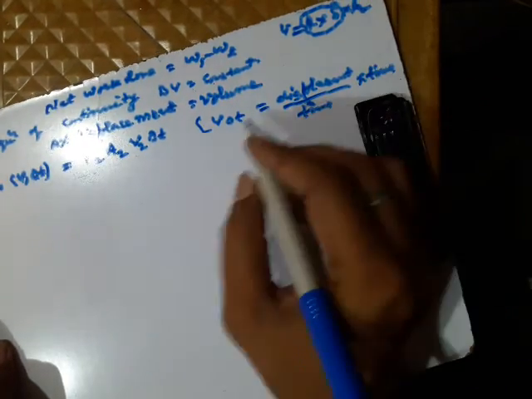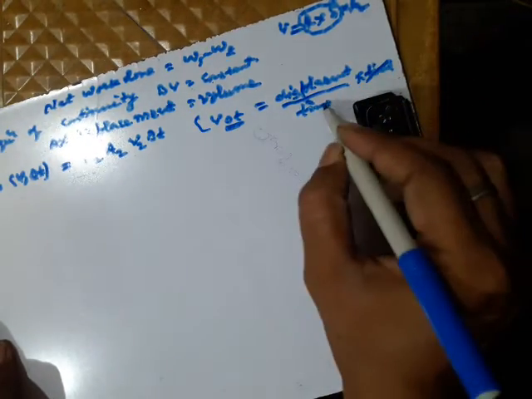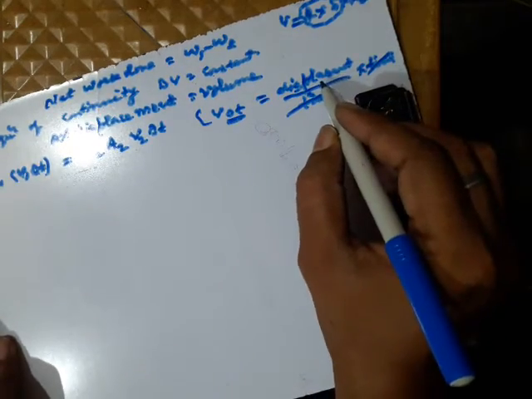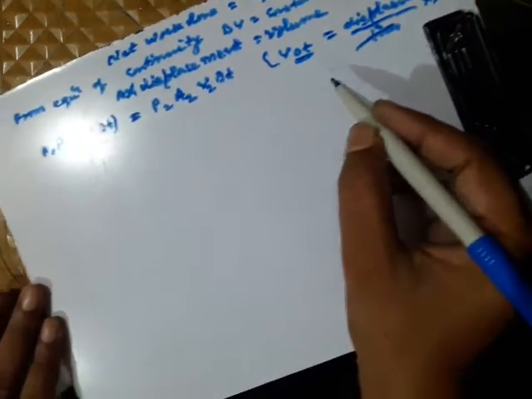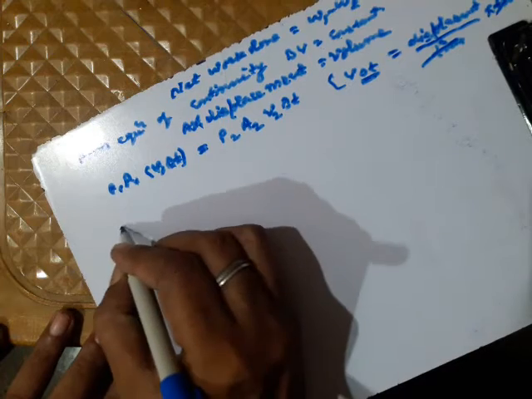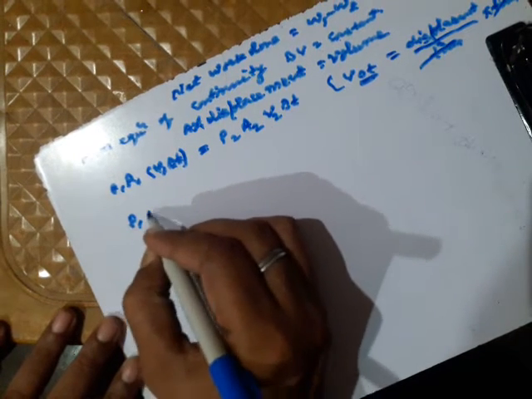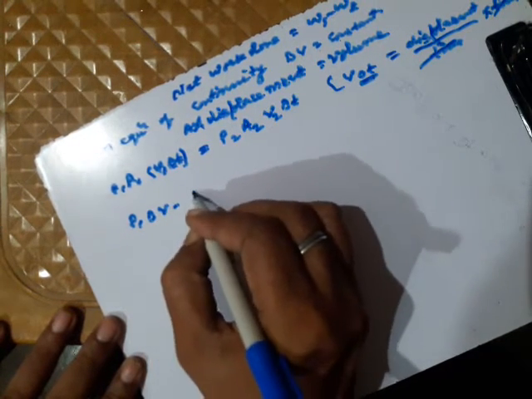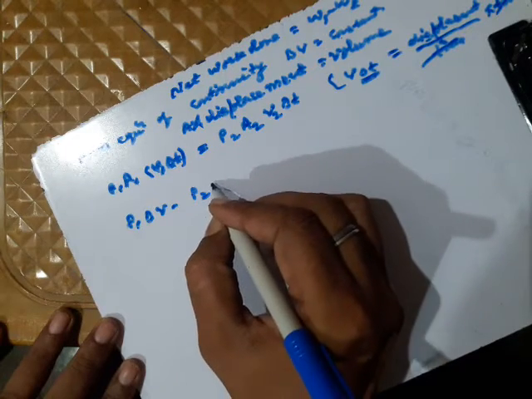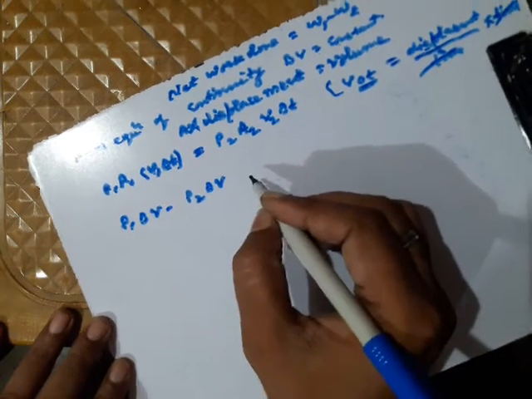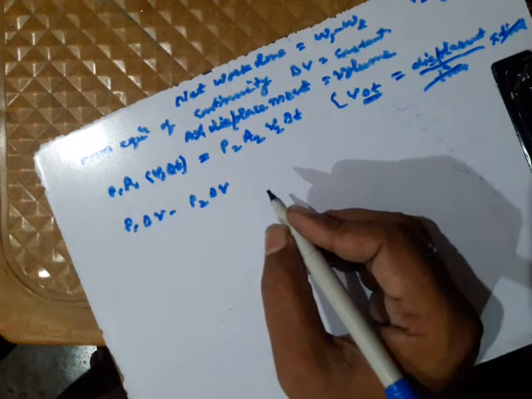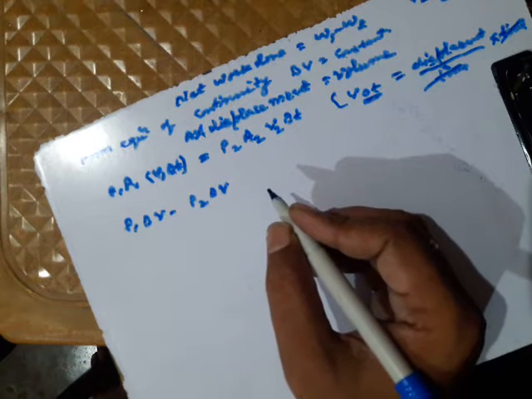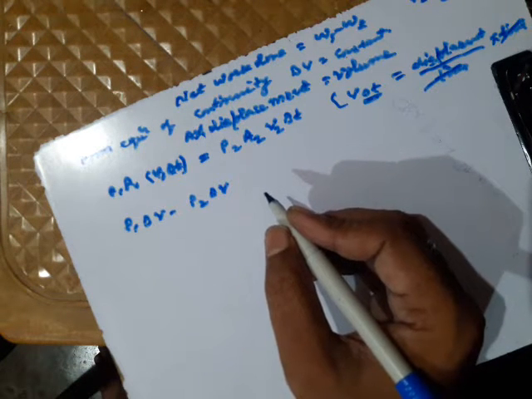Delta t is actually time. Time cancels, then what will you get? Displacement. Now here P1 delta V minus P2 delta V. What will you obtain here?